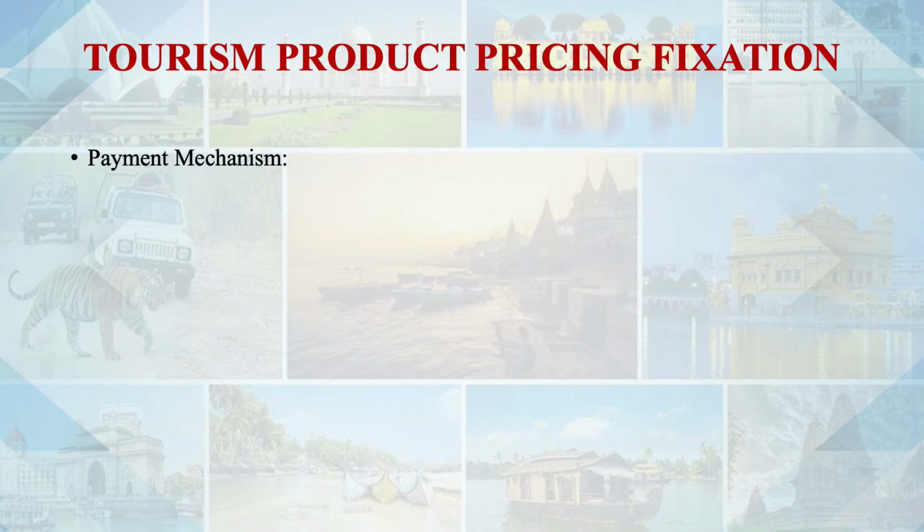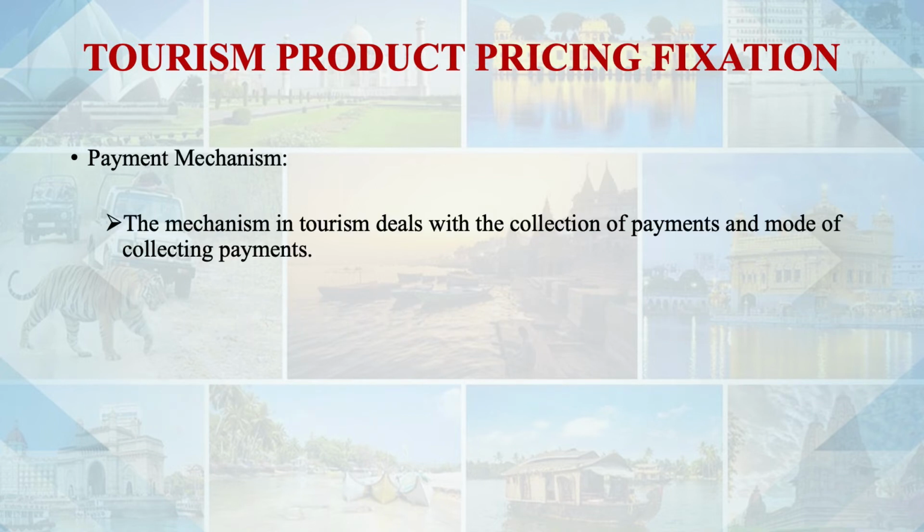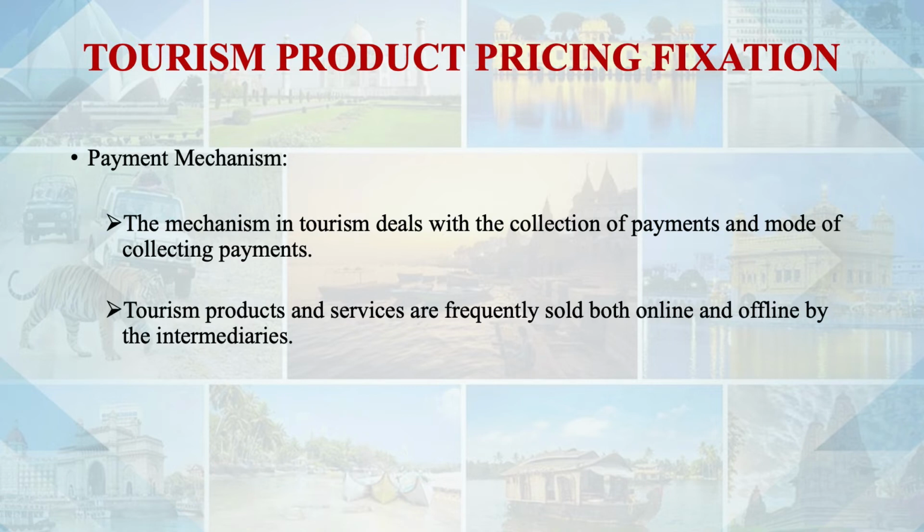The next is the payment mechanism. The mechanism in tourism deals with the collection of payments and modes of collecting payments. Tourism products and services are frequently sold both on online platforms and on offline platforms by intermediaries.